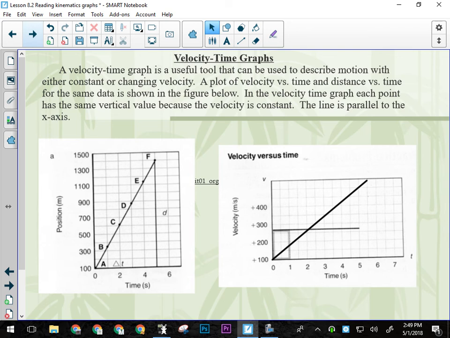I can also calculate the average velocity of the object, the average speed of the object, the total distance, and the total displacement. There are 4 things I can calculate with that graph: average velocity, average speed, total distance, total displacement. And we went over all of those on 2 different graphs.